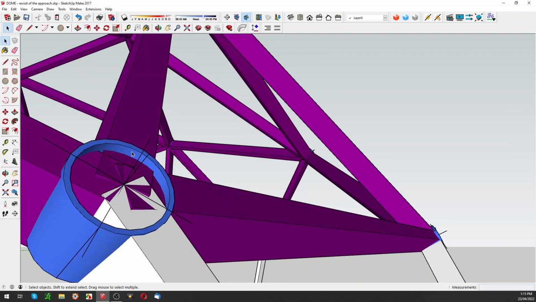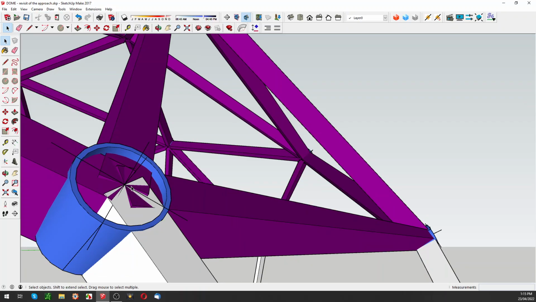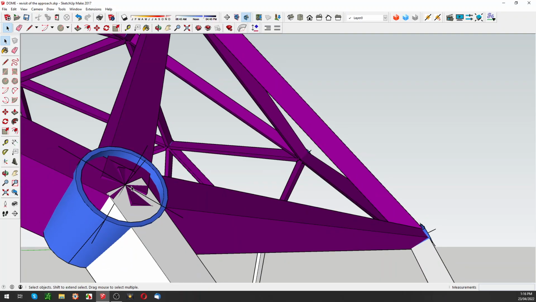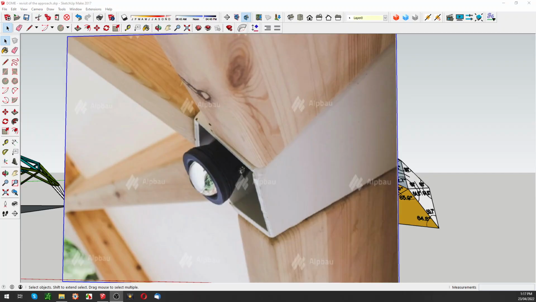The drawings that I've used in the past show you the metal hubs where everything appears to align. And this is the sort of photo I've been referring to.